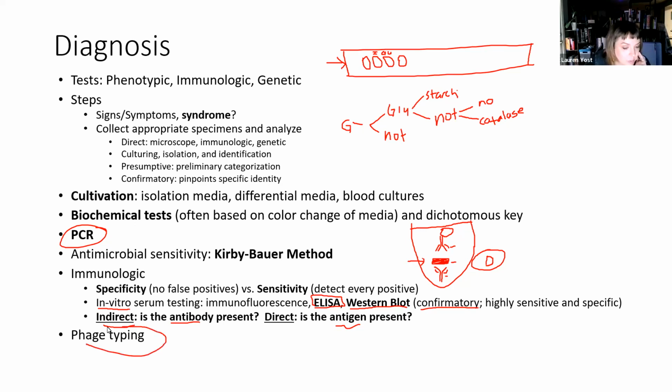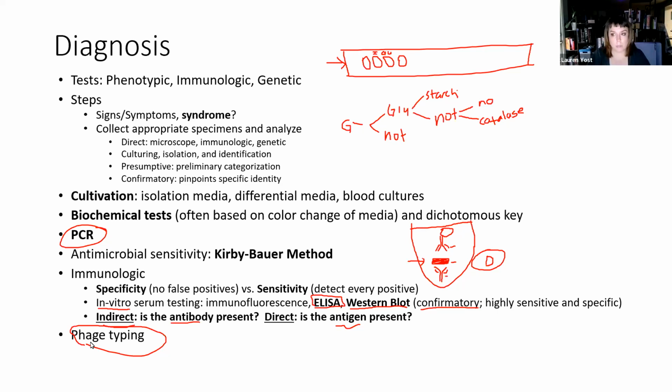We can also identify bacteria by phage typing, because every species of bacteriophage only infects one species of bacteria. So they don't cross over between species. If you're trying to determine what something is, you could plate it out on a plate with a phage that only infects salmonella.